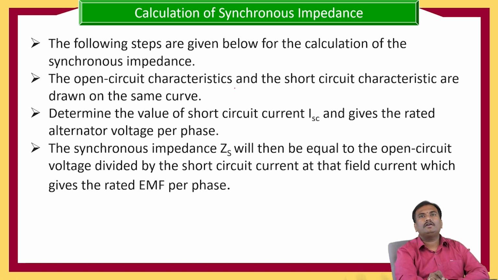First, the open circuit characteristics and short circuit characteristics are drawn on the same curve, and we determine the value of short circuit current at the field current which gives the rated alternator voltage per phase. The synchronous impedance will then be equal to the open circuit voltage divided by the short circuit current at that field current, which gives the rated EMF per phase.